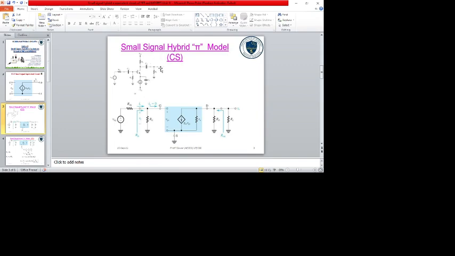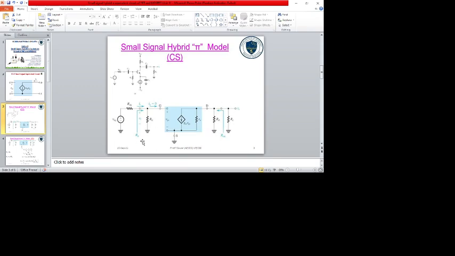Here we can consider the external resistance also, that is RD, and load resistance. After removing the biasing signal from the circuit, we can obtain the small signal hybrid pi model, in which all the resistances are in parallel.